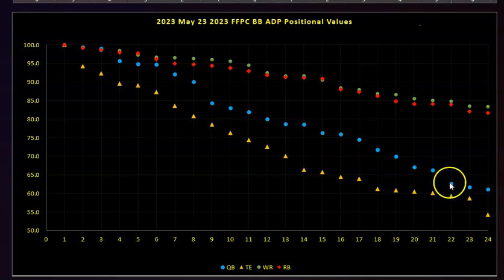It looks like there's a big break there, and even a break at 18, and even a break at 15. So those breaks tell me that if I am going to play late quarterback, I do not want to grab one past the 14th quarterback, at least in best ball, at least what the public has given me.